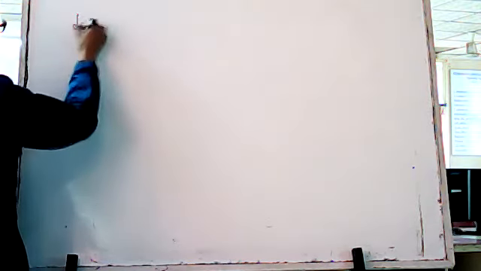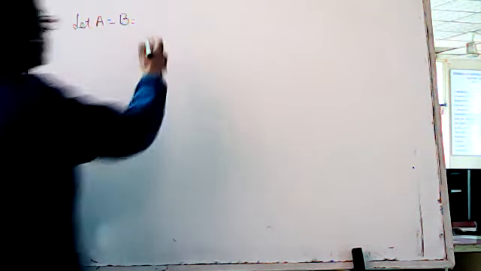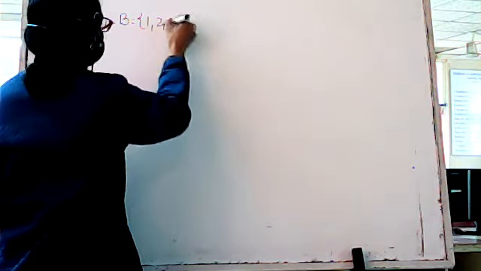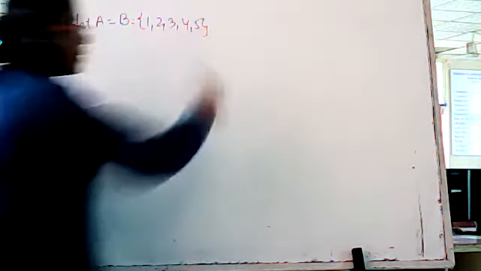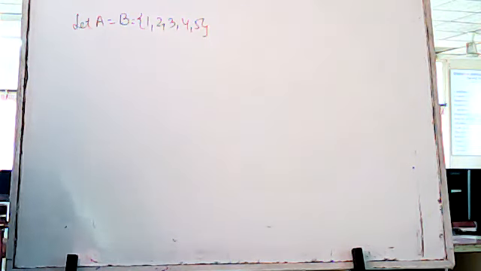Question is, let A equals B equals the set {1, 2, 3, 4, 5}.